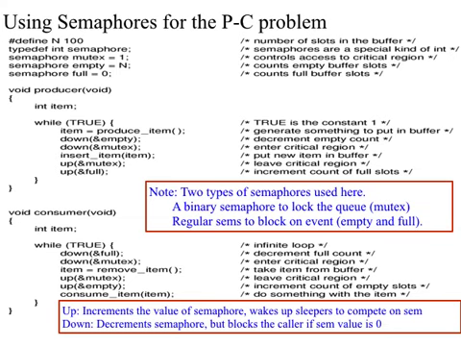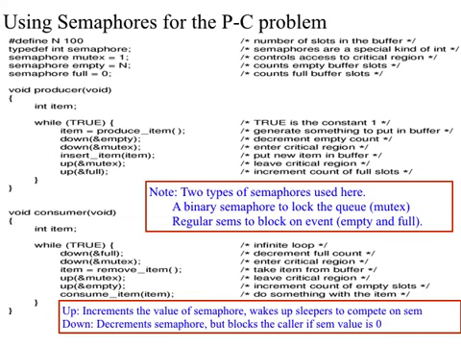Next, he performs a down on mutex, which means that he wants to acquire the lock on the shared buffer so that nobody else modifies the shared buffer. At this point, he has control of the shared buffer, and then he can insert the item into the buffer using the insert item routine.